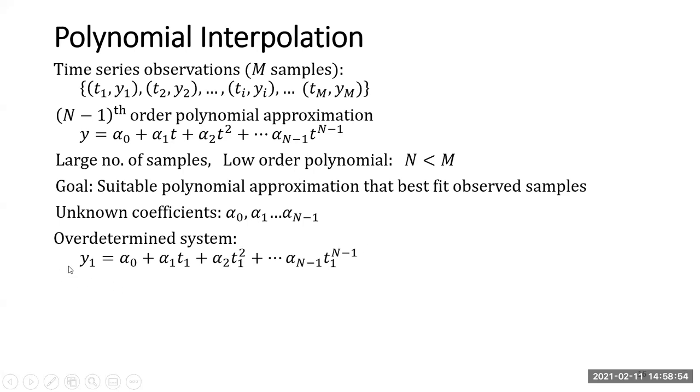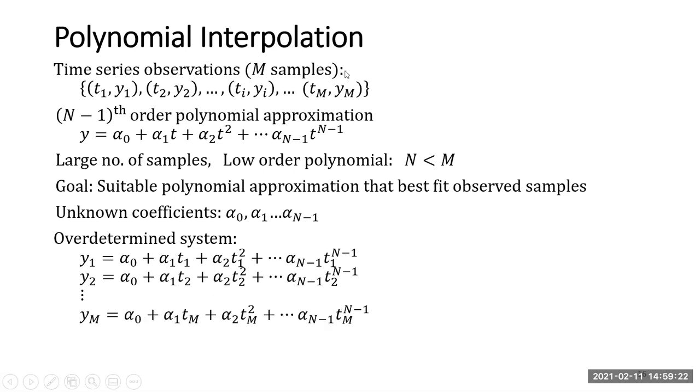Okay. I'll write down this expression for each of these observations separately. So y1 equals this equation with t replaced with t1, t1 squared until t1 to the n minus 1. Likewise, y2 equals alpha naught plus alpha 1 t2 plus alpha 2 t2 squared, and so on until the last observation, the mth sample.